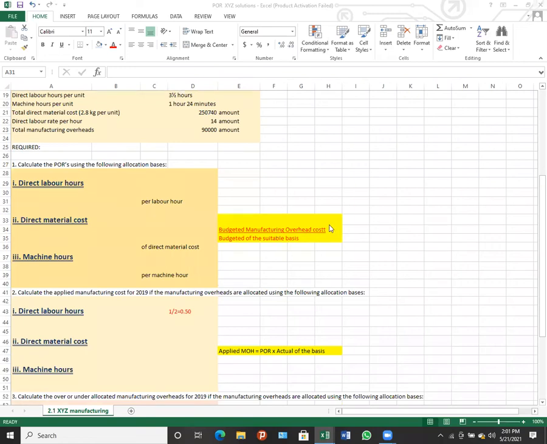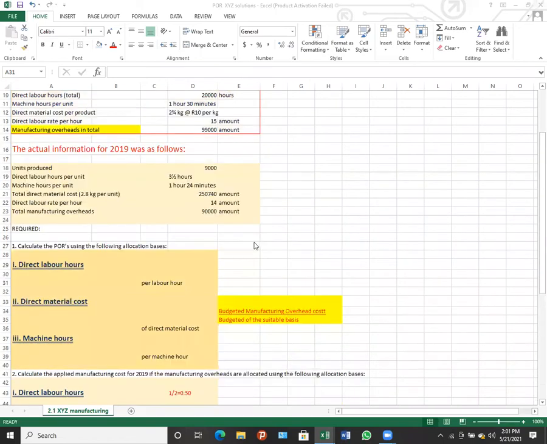You should know the formula by heart, how to calculate your POR. Your POR formula is budgeted manufacturing overhead cost divided by budgeted suitable basis.